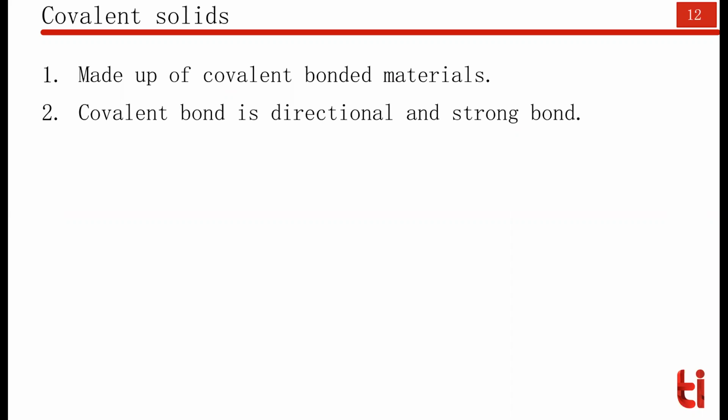So the structures that we are going to refer to here have stronger mechanical properties, but they also have directionality, and because of the directionality they exhibit anisotropic properties. That means in different directions the same material exhibits different properties.